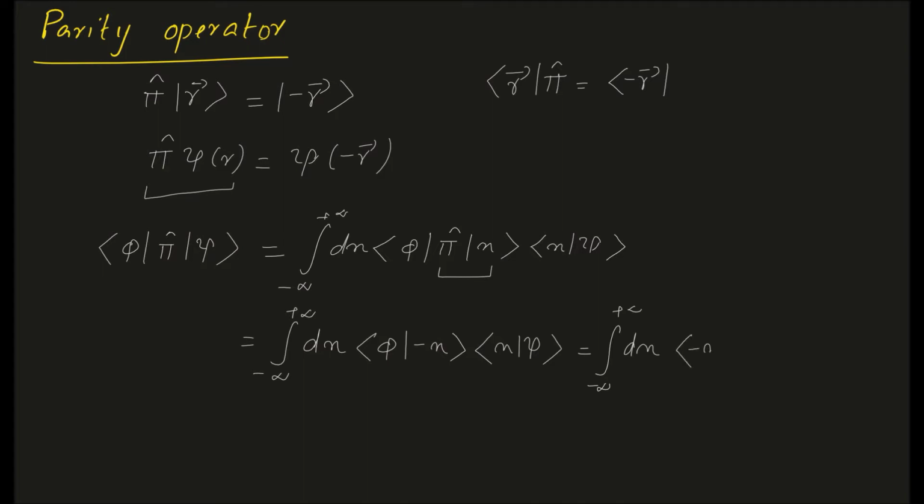Let me reverse the order: ⟨−x|φ⟩ complex conjugate, then this is the projection of ψ onto position space, so this is ψ(x). This is the integral dx φ*(−x) ψ(x), because it gives you the projection of the ket φ onto the ket |−x⟩.